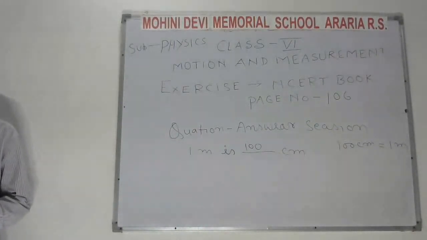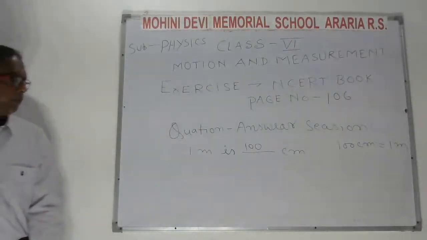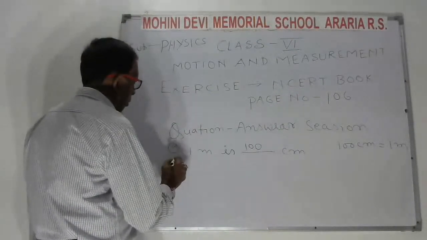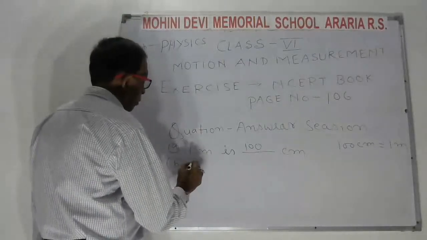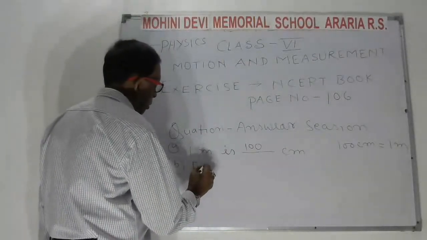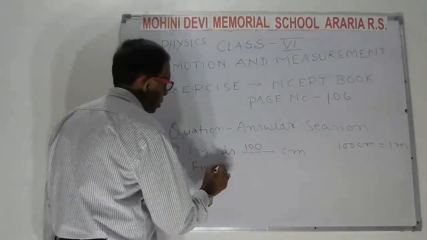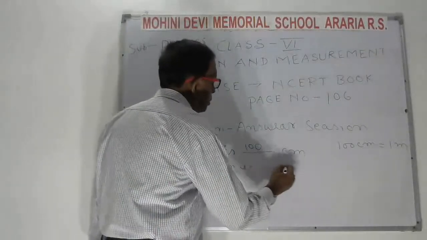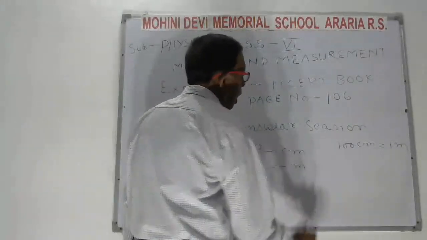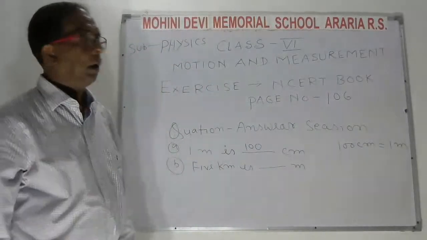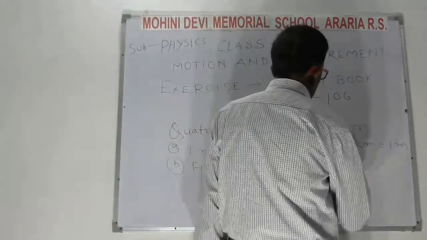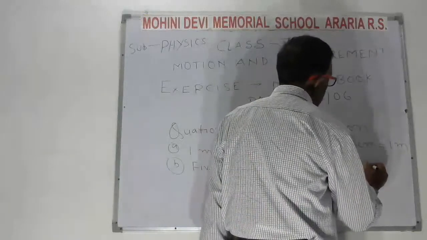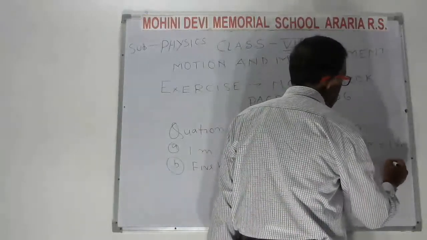The second question, fill in the blanks. 5 kilometer is dash meter. I have taught you already that 1000 meter is 1 kilometer.